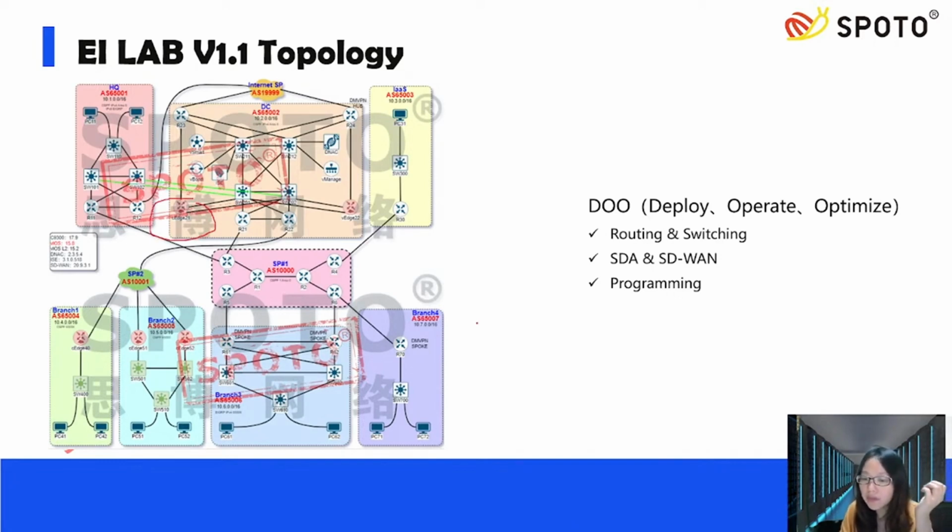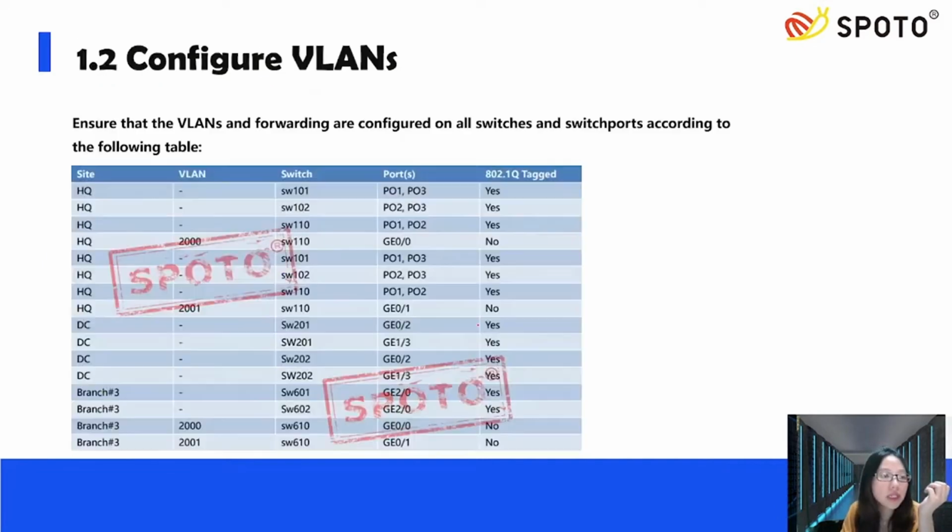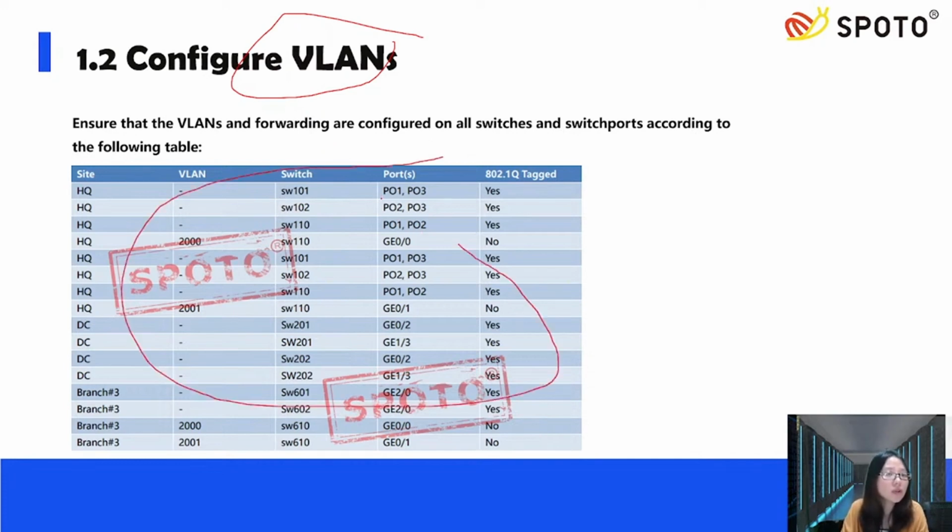So let's briefly look at some of the requirements of EI Lab. You can see the requirements of the new version. The first part requires us to configure VLAN. We just need to configure the VLAN and forwarding on all switches, and the switch ports according to the following tables. You can see HQ, DC, and branch 3.